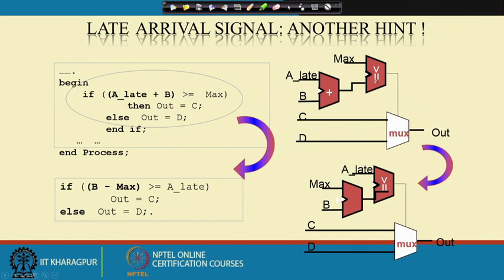This gives basically one bit output, depending on this condition. If it is true, then it will select C, otherwise, if it is false, then it will select D. So, there is a mux where the select signal is this one. Then, what is the problem in this particular circuit?